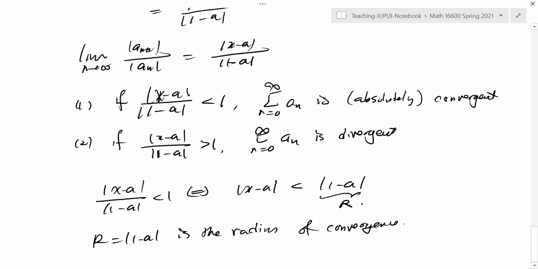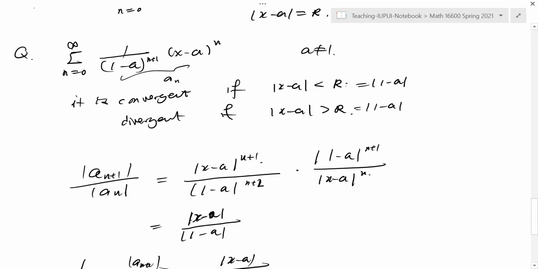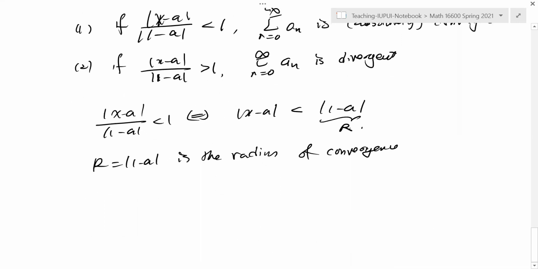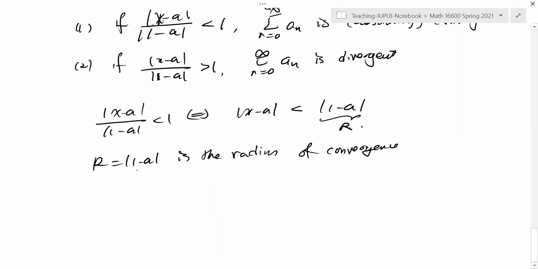Okay. And so if you give me this series without telling me where it's from, I can tell this series is convergent over that interval. Okay, so this is the interval.